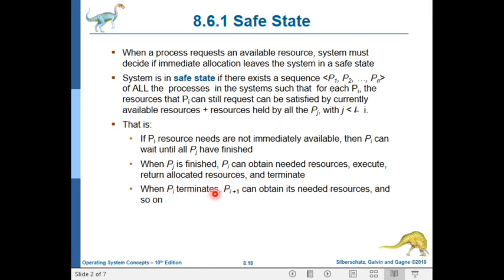When Ti terminates, Ti plus 1 can obtain its needed resources, and so on. Sorry, I should mention T instead of P. This is regarding Ti, this is for Ti plus 1, while this is Tj, or actually we can say Ti minus 1.